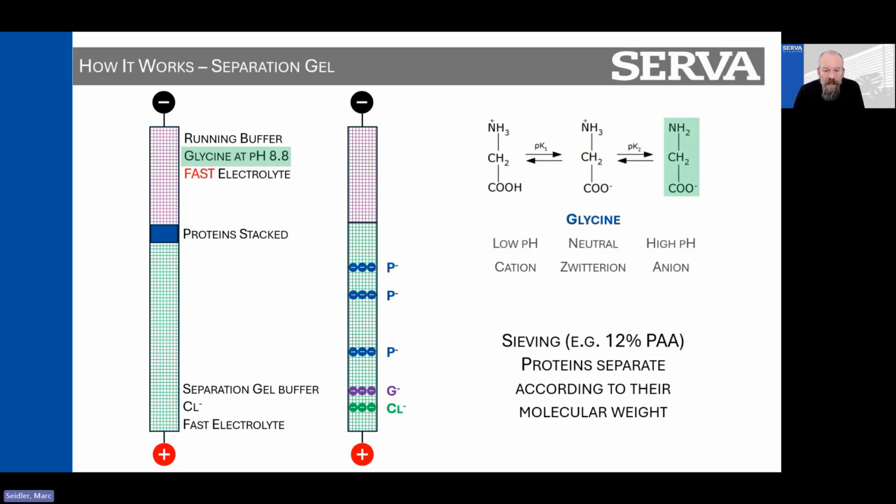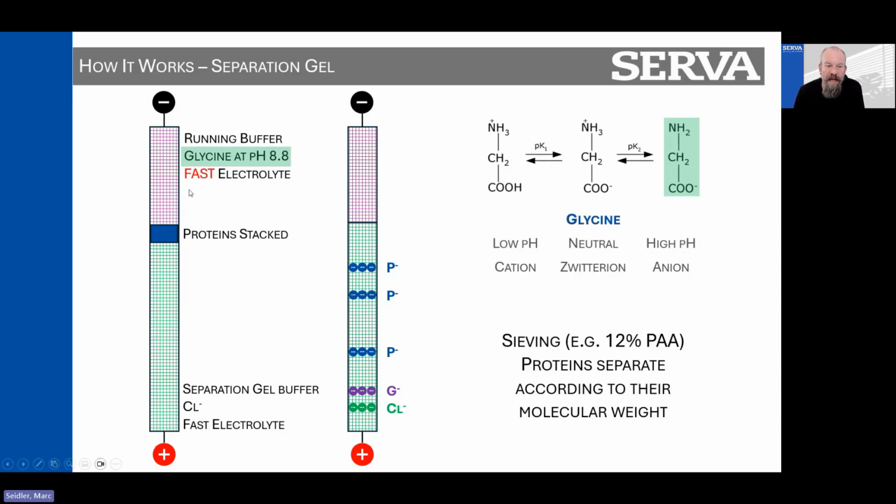And now this package of glycine, proteins, and chlorides will pass a pH border. So it switches to the pH of 8.8, and now you see the glycine is loaded and not neutral or zwitterionic.